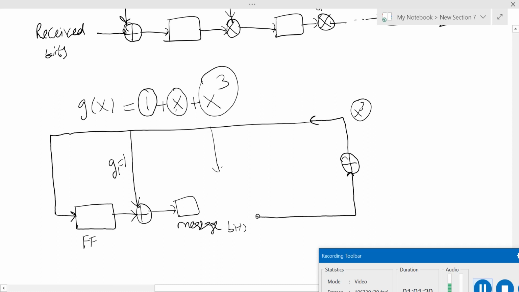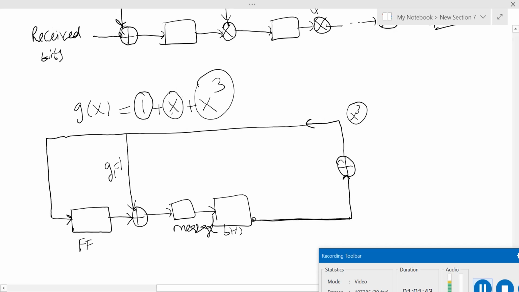Then there was actually G2 here, but the G2 term is not there, that is 0, so this link is not here. There is no need of an XOR gate here, directly the second flip-flop. This is how we see which degree terms have coefficient 1 or 0, and accordingly join the link at the top.